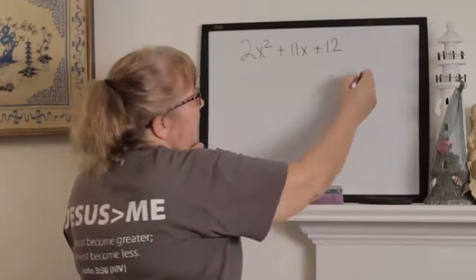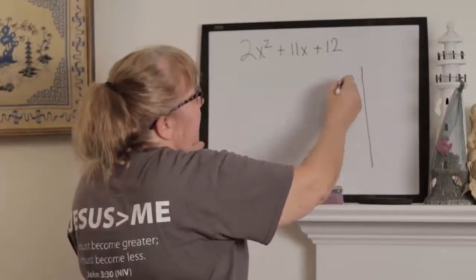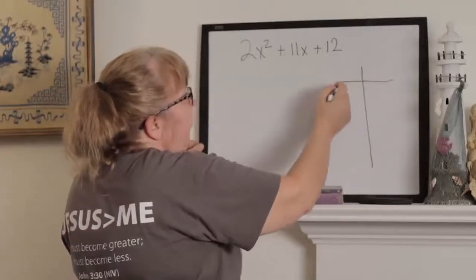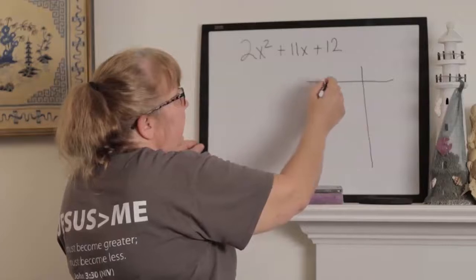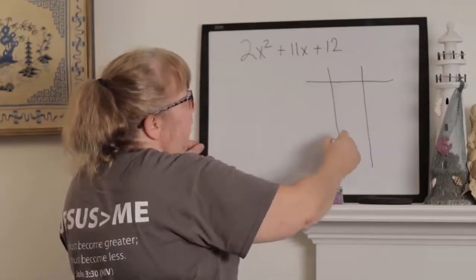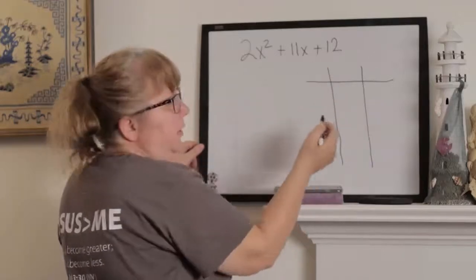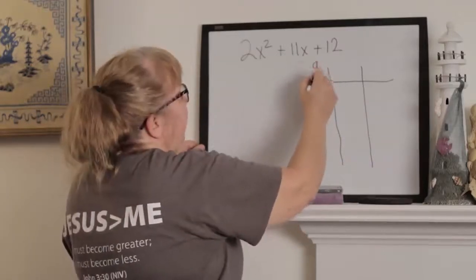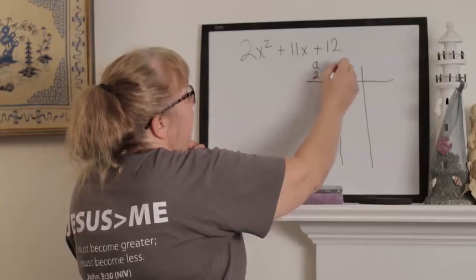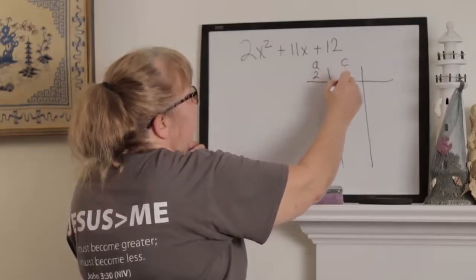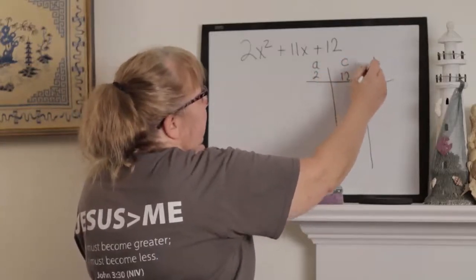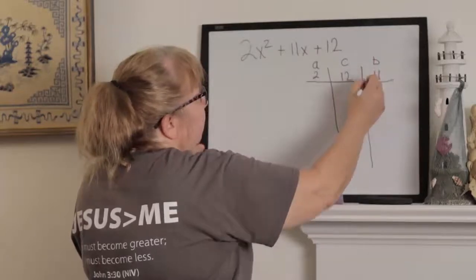What we have typically done is a t-chart. And what we normally do is multiply a times c, but in this case the book wants you to factor a and c separately. So we have a here, which is 2, c here, which is 12, and then we have b, which is 11.